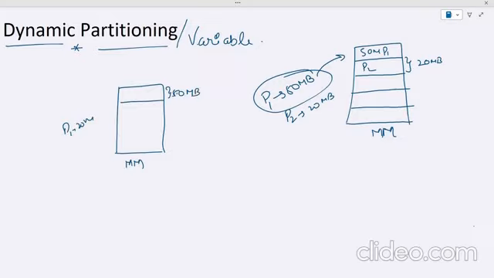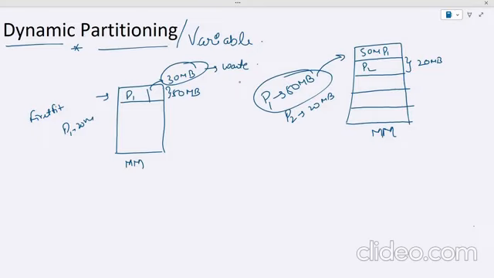So if there is only one process P1 and it uses first fit, then P1 definitely goes in that block, and because P1 only needs 20 MB, the extra 30 MB of space is wasted. That wastage of space is called internal fragmentation.